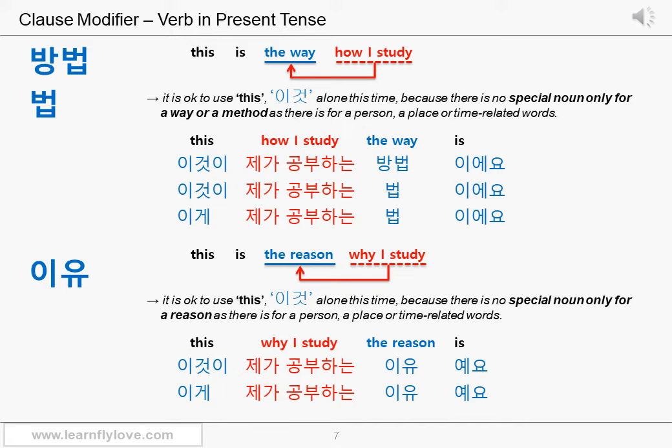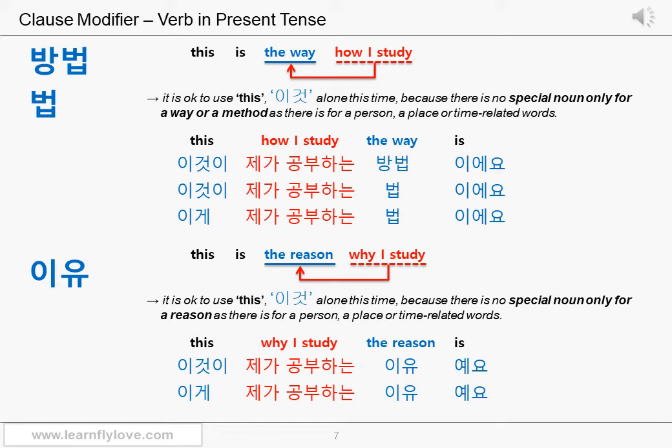Let's rearrange the words. This comes first because it's a subject. How I study part comes right before the way part because it modifies the way. But we are not gonna translate how, so it's actually useless in a Korean sentence. And the be verb is comes at the end of the sentence.